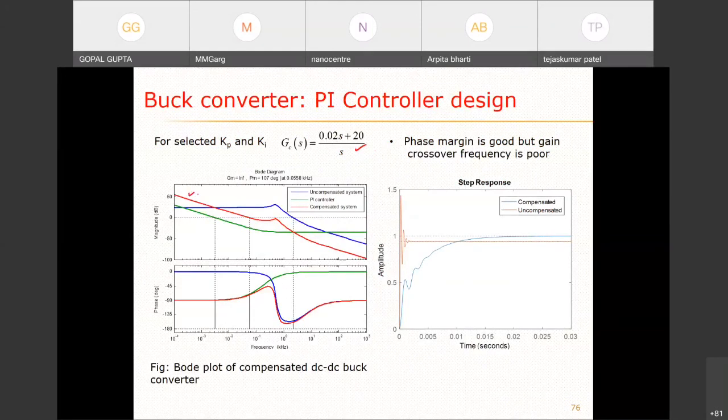And within that stability region, if I choose any value of Kp and Ki, that will ensure me that my phase margin will be greater than 75 degrees. So let's say I pick this value where Kp is 0.02, Ki is 20, or it could be somewhere here as well, right?